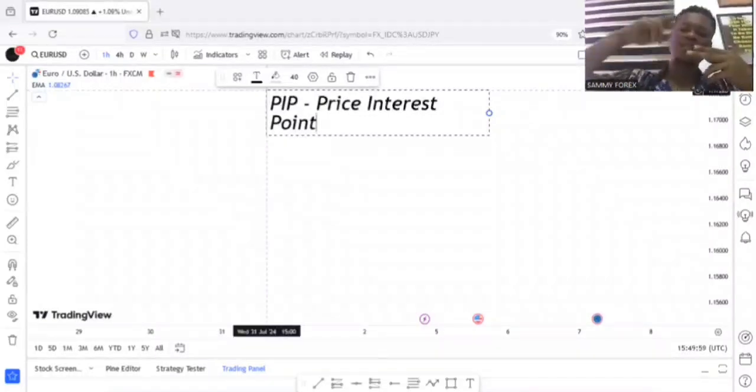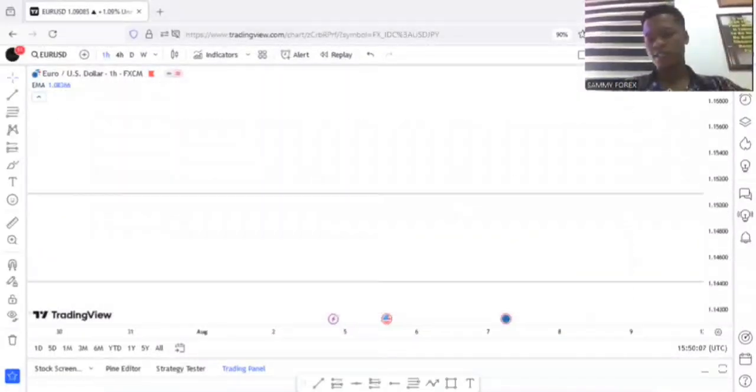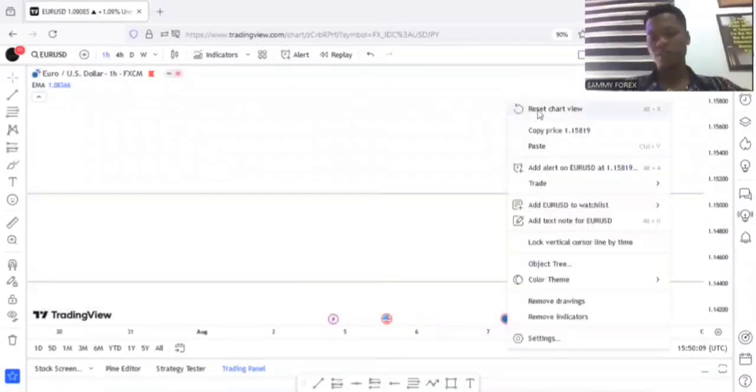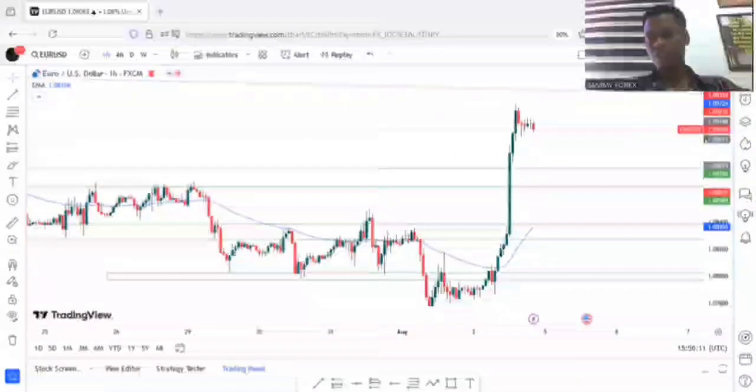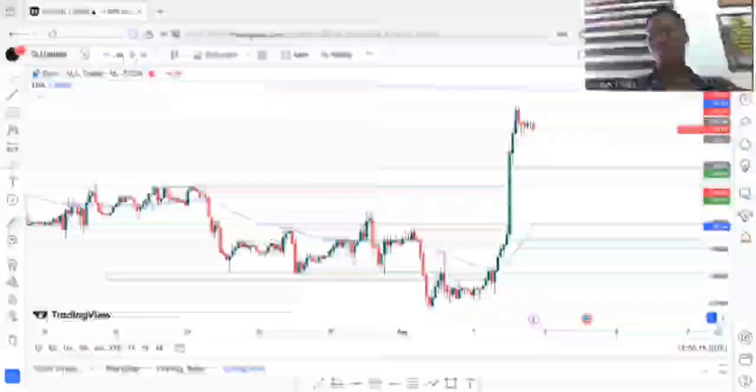Those price changes are the pips. If you notice where the current market is right now, this market is currently at 1.09085.